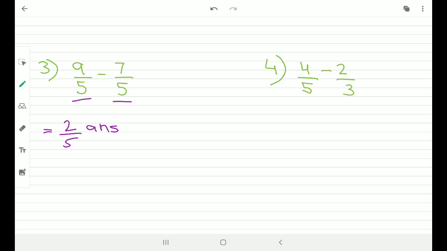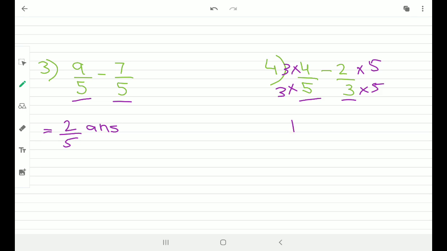My last example is 4 over 5 minus 2 over 3. Here both denominators are different. I have to make them same. So I can multiply 5 with 3 and 3 with 5. I have to multiply both the numerator as well as the denominator.